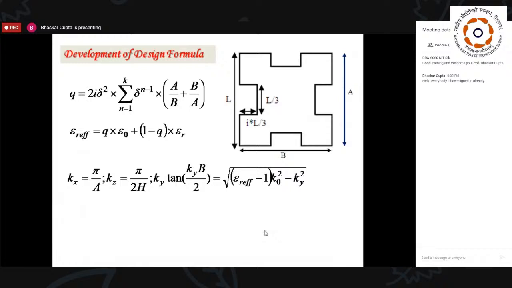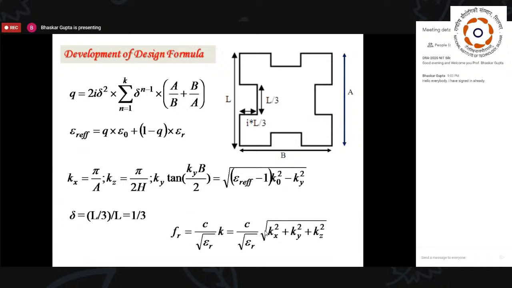Kx, Kz, they are given straight away like this. But talking of the other one, Ky, you can use the separation equation to get that. Delta in this case is L by 3, that is the width of the slot divided by the total width, L by 3 divided by L, 1/3.